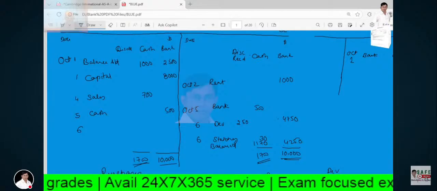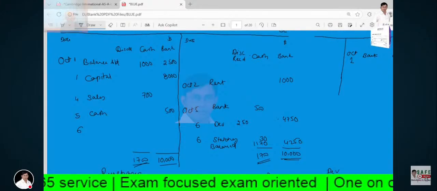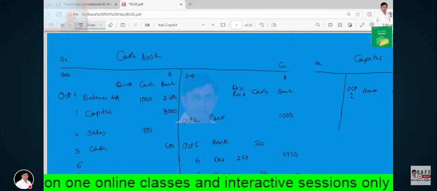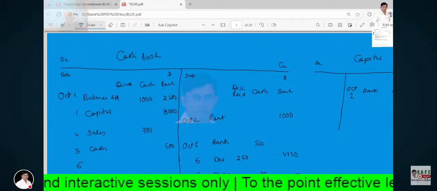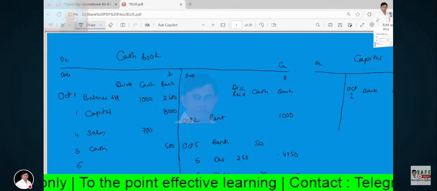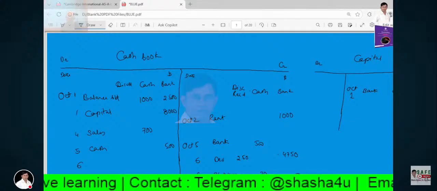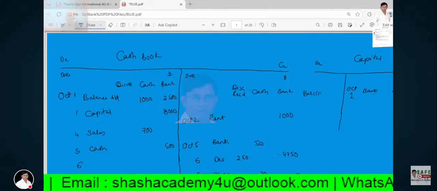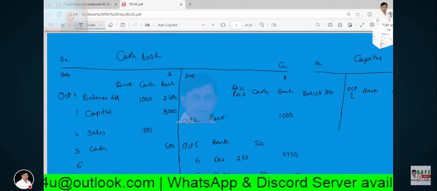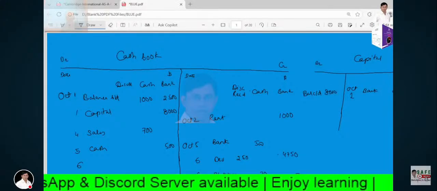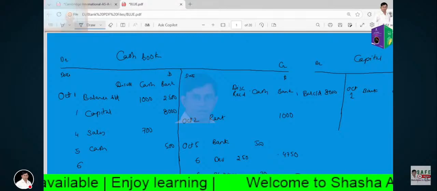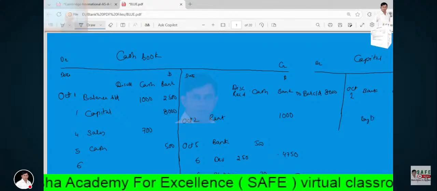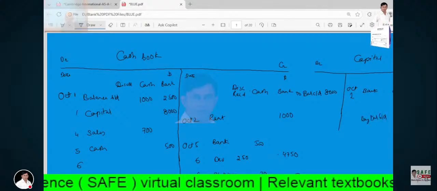Remember, we do balancing only for capital accounts and real accounts, because they will be carried forward to the next accounting period. So the cash capital account is 8,000. Balance carried down is 8,000, and it will be brought down as balance brought down.